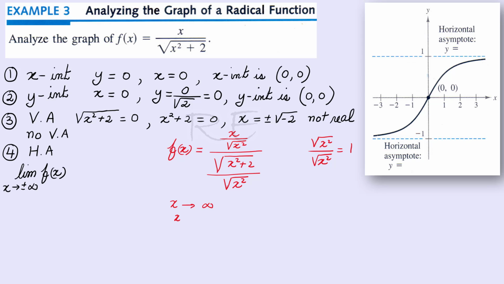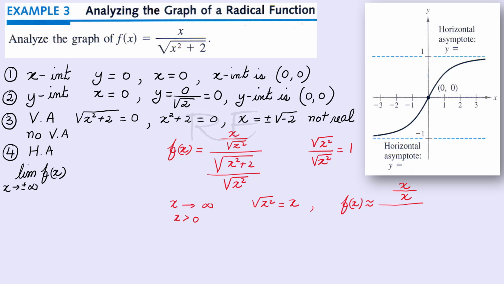As x approaches positive infinity, x is positive, therefore the square root of x squared is equal to x. Now x is approaching infinity, which means that x is going to be extremely big.